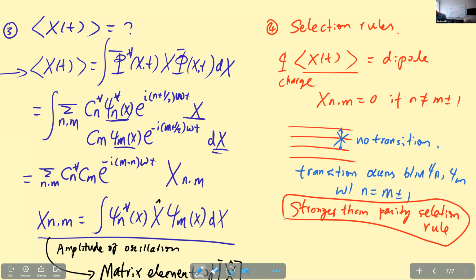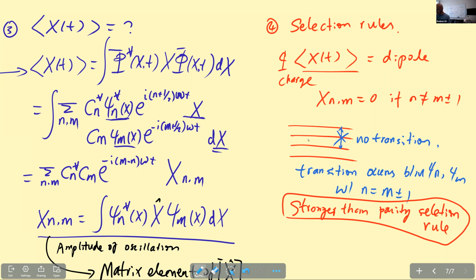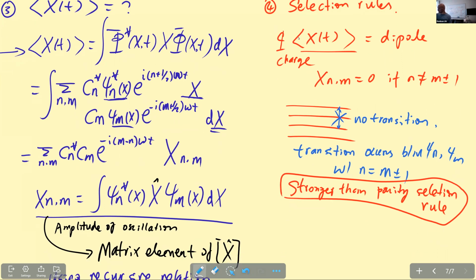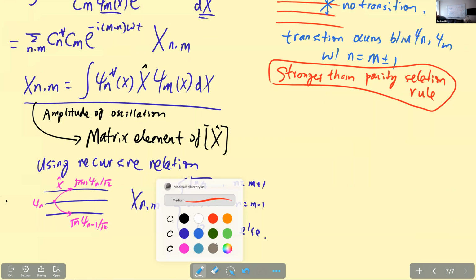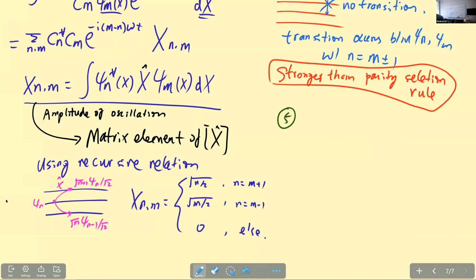So this is one thing that we have for this dipole transition.